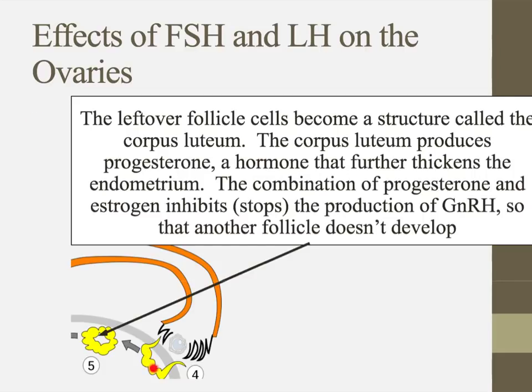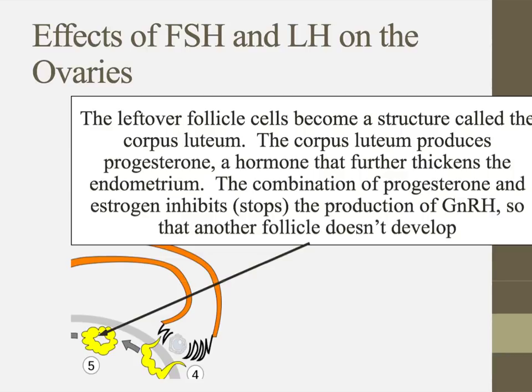Notice that when the follicle releases the egg into the fallopian tube, the follicle stays behind in the ovary. It's then not known as the Graafian follicle anymore. It becomes a structure called the corpus luteum. Corpus, body, luteum, empty. It's literally an empty body.